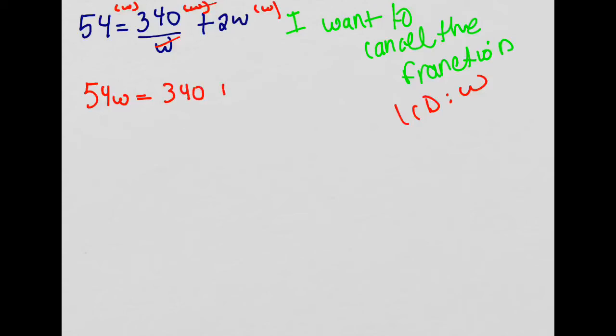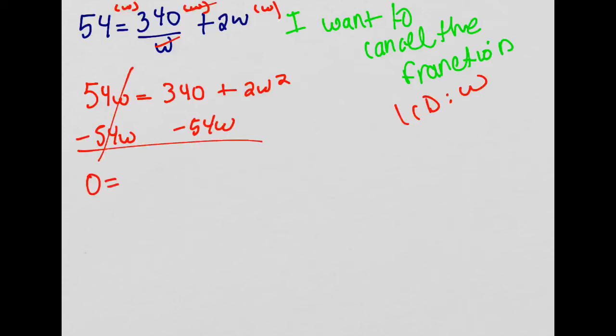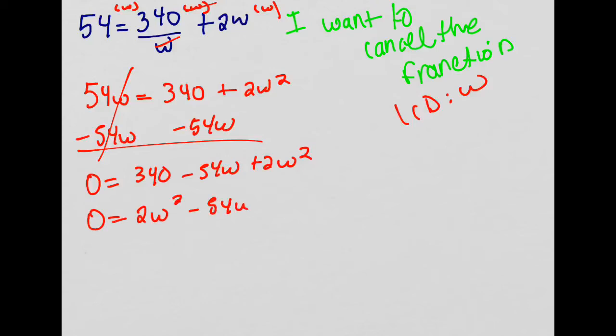Now I'm going to set it equal to 0. So I'm going to subtract the 54W. This cancels. I'm left with 0 equals 340 minus 54W plus 2W squared. Just for the sake of this, I'm going to rewrite it in descending order so it looks nicer: 2W squared minus 54W plus 340.